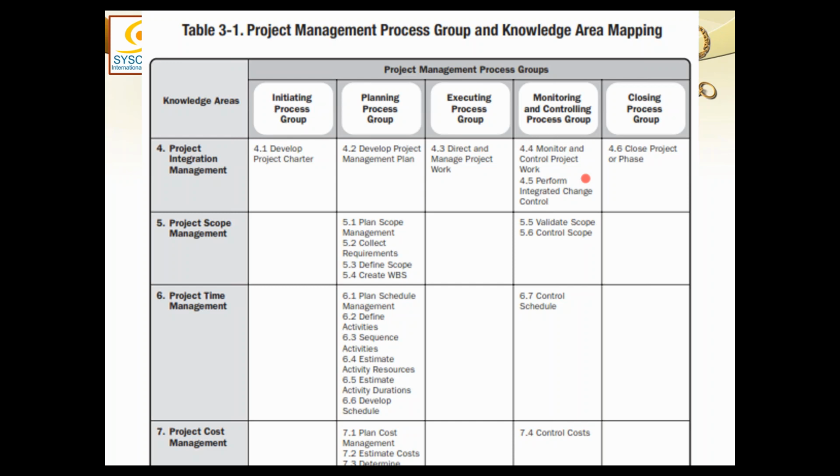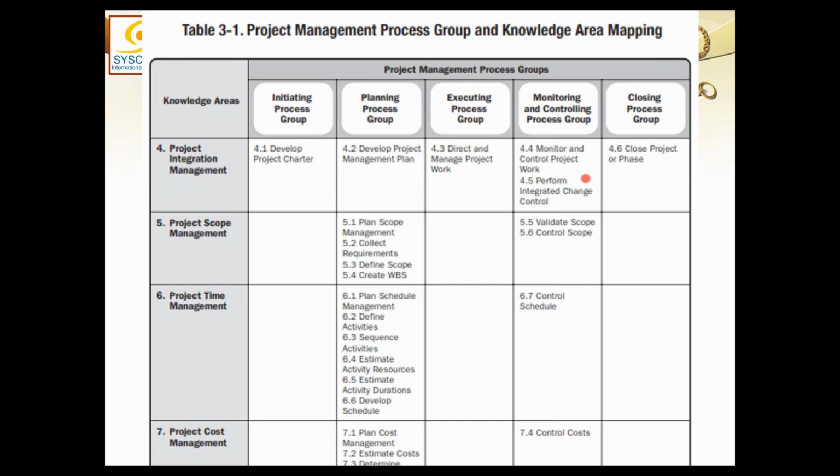And based on that analysis, we can suggest certain changes to be brought to the project through an authenticated change request process. So all the change requests which are received are to be treated by another process again from integration, and that is perform integrated change control.